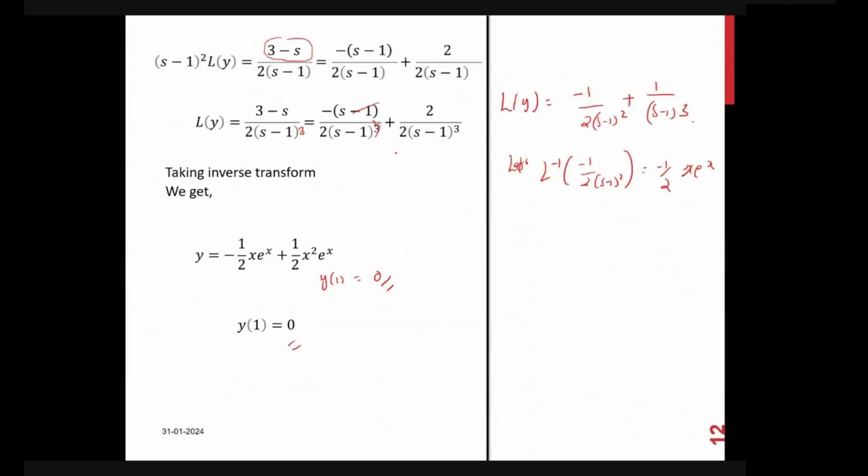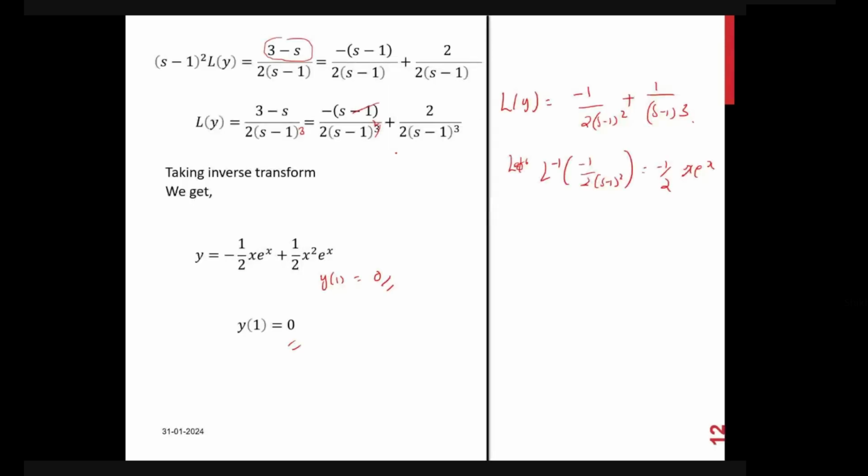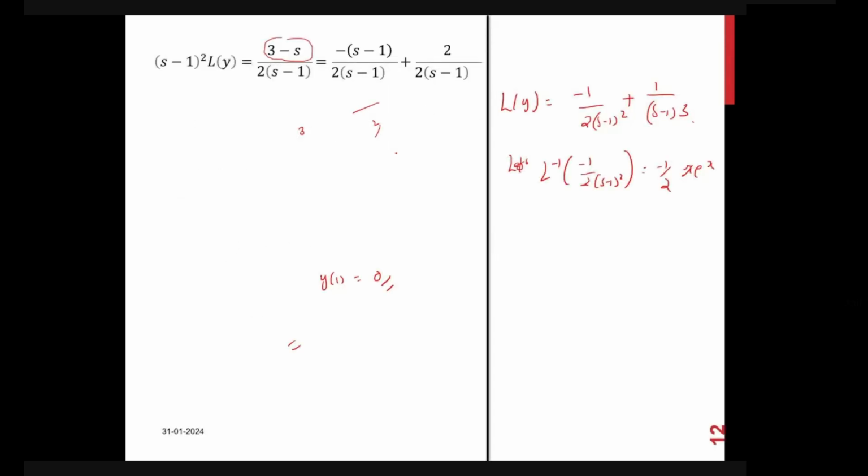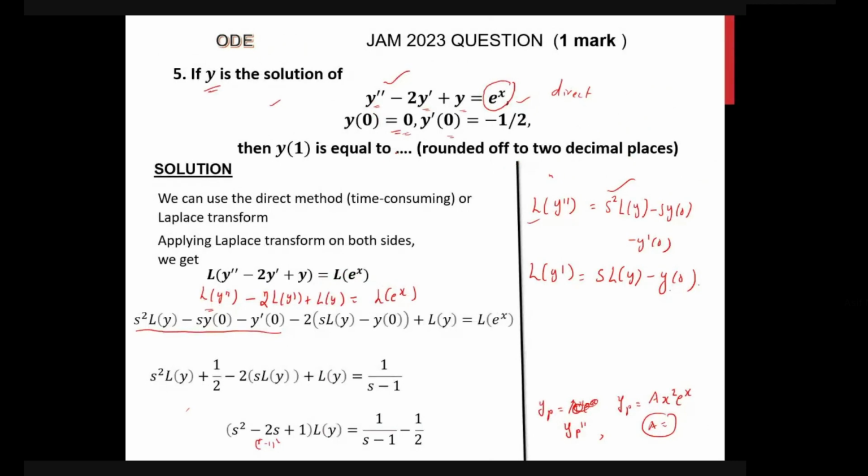So how do you decide which method to apply to get the fastest solution? You will learn that only from experience. If you get a question, try to think about different methods.